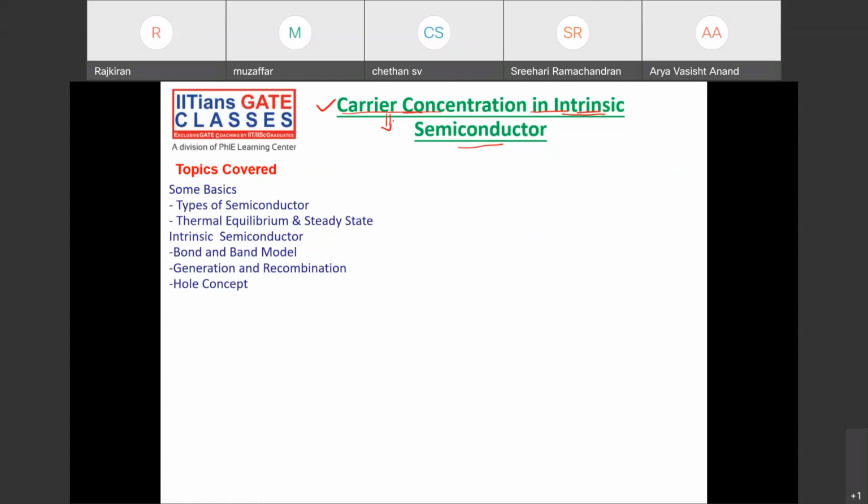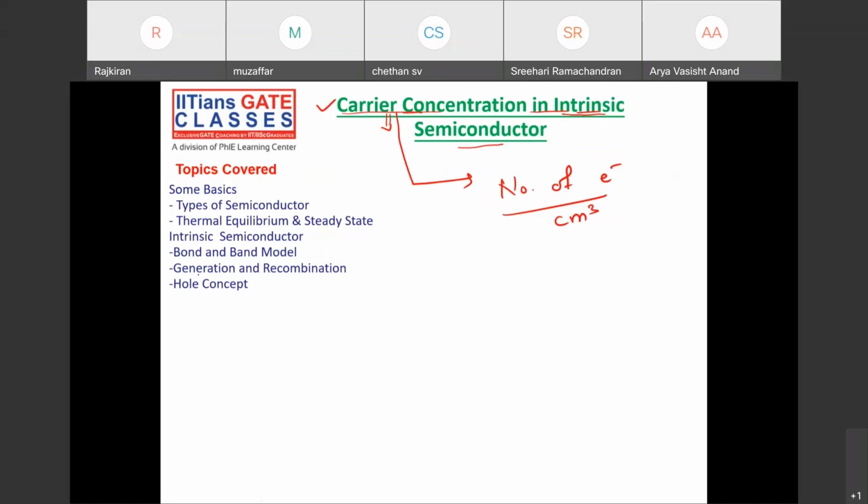This is the meaning of carrier concentration: the number of electrons per centimeter cube of the semiconductor. How do we get an expression for this, and on what factors does this concentration depend? Getting it, guys?